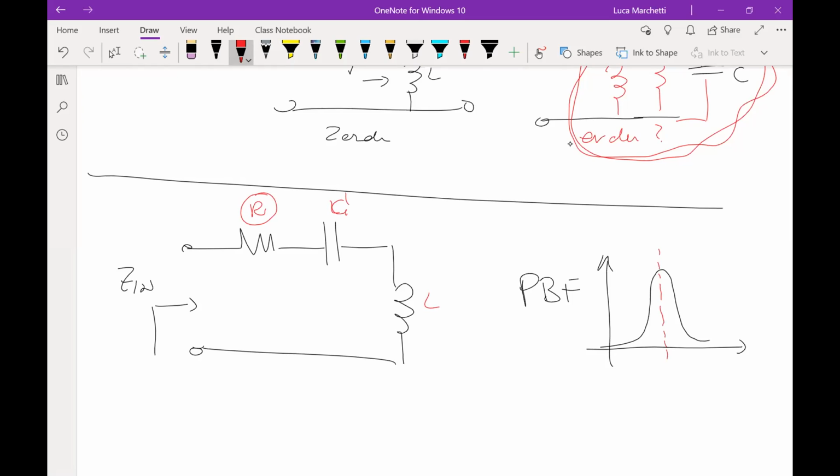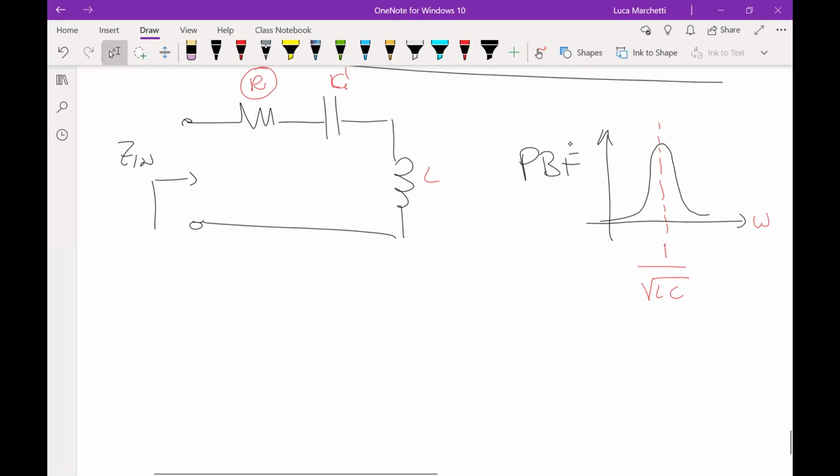This peak is at 1 over square root of LC if we talk in terms of omega, and in terms of frequency it's 1 over 2 pi square root of LC, which is called the resonant frequency and usually indicated with FR. So it's very important to know these 2 points.